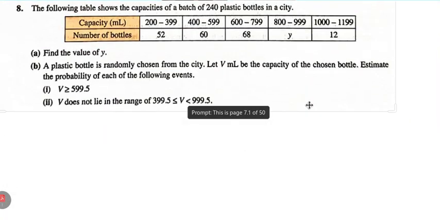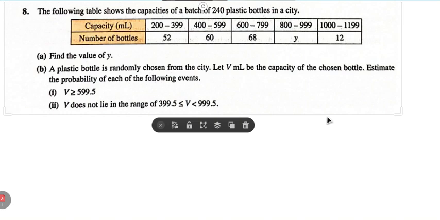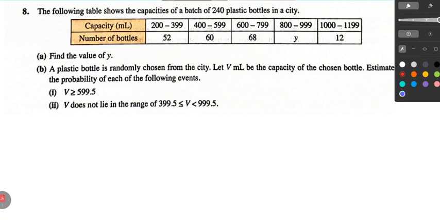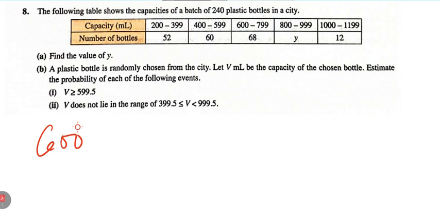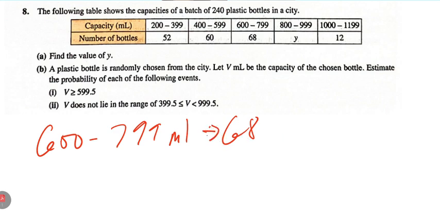Looking at the table, starting with 600 to 799 ml, that's about 68 bottles. You can see that here as 68.